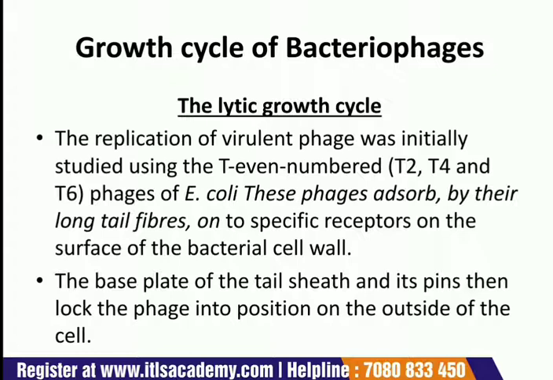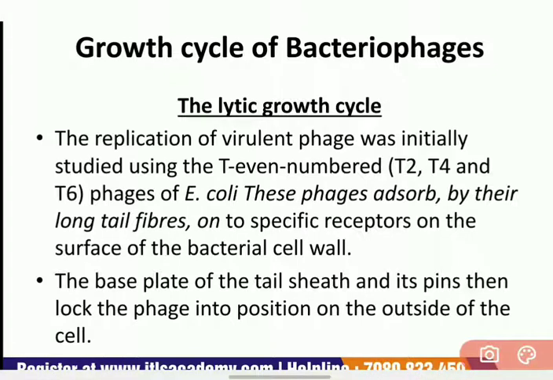So here is the growth cycle of bacteriophage. The first growth cycle is the lytic growth cycle. The replication of virulent phage was initially studied using the T-even numbered, that is T2, T4 and T6 phages of E. coli.